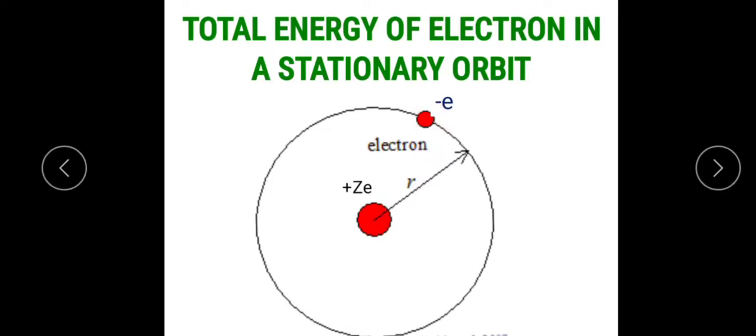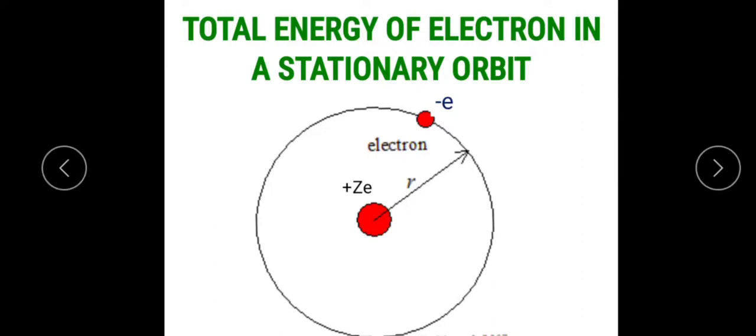See here, once again I am explaining: because of its motion the electron has kinetic energy, that is the first thing. Because the electron is in an electric field due to this nucleus, it has a potential energy. This revolving electron also has a potential energy.